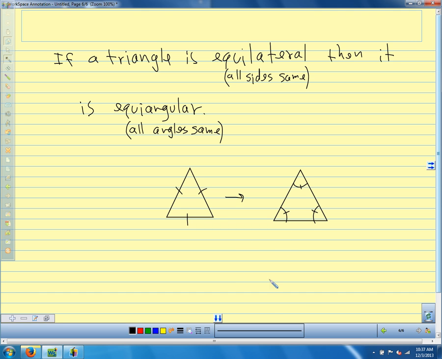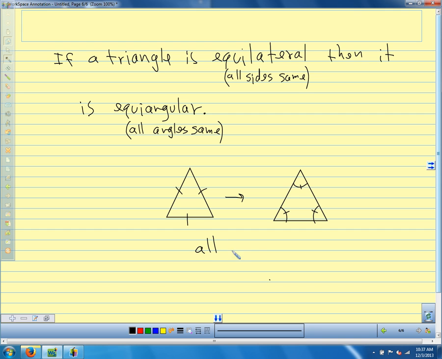So let's think about that for a second. We have an equilateral triangle. All three sides are the same. And that makes it equiangular. So all three angles are the same. What would the angles in an equilateral triangle have to be? They have to be 60, right? Because each one's the same, they all have to add up to 180. So 180 divided by 3 equal angles, 60 degrees.